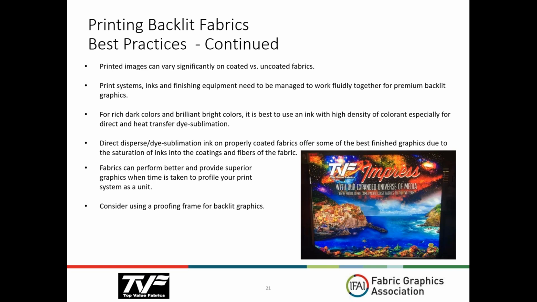Once you've printed the graphic, before you ship it to a customer, you want to make sure it's exactly the way it's supposed to look. And this is a great way of doing it. This happens to be a 10-foot wide by 8-foot high frame. And if you're doing a 20-foot long graphic wall, you just simply slide it over and you're proofing it to make sure that the print ends up absolutely perfect.